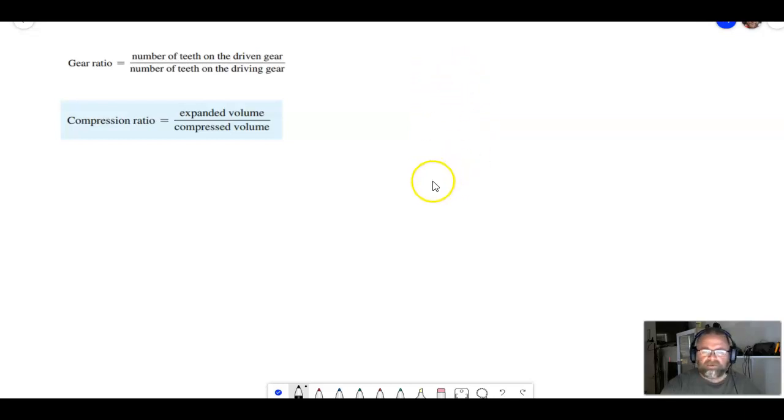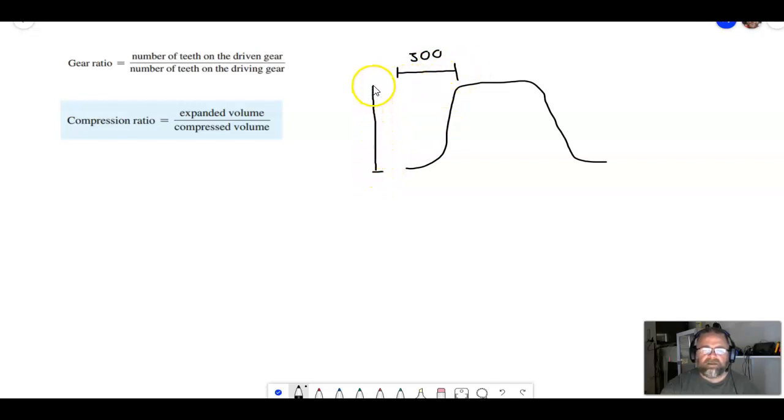So for example, let's say we had a hill. It's a horrible hill. Let's say the distance from the bottom of the hill horizontally is 300 feet, and vertically is, let's say, 600 feet.